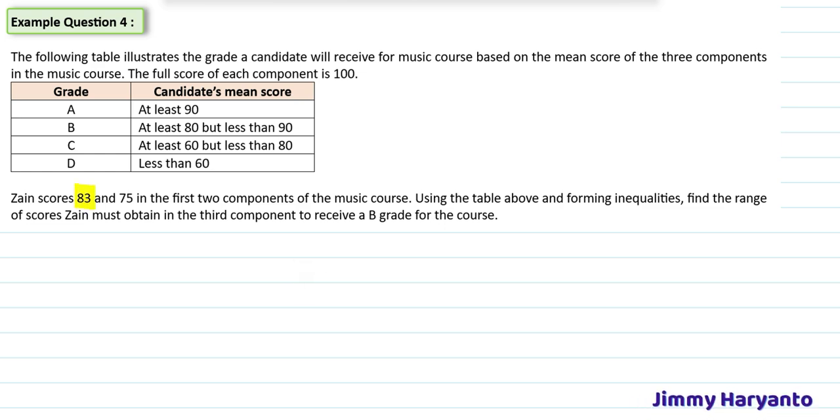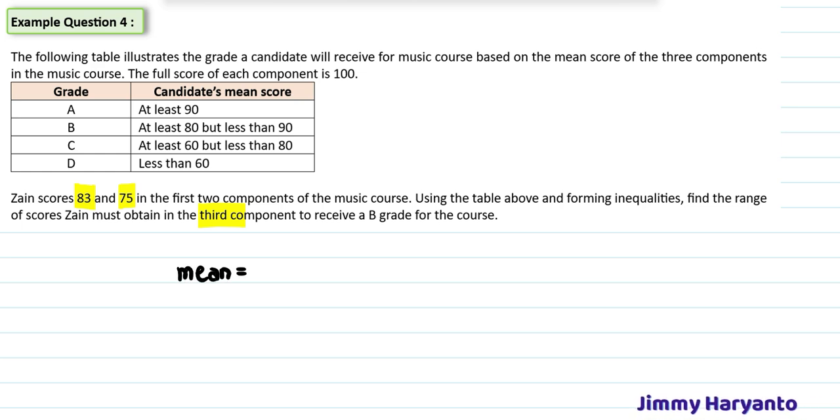Okay, so first we are talking about mean. The scores for the first is 83, the second is 75, but we don't know the third. The question wants you to find the third component. But the mean is given in terms of inequalities later, so I want to find the mean first.